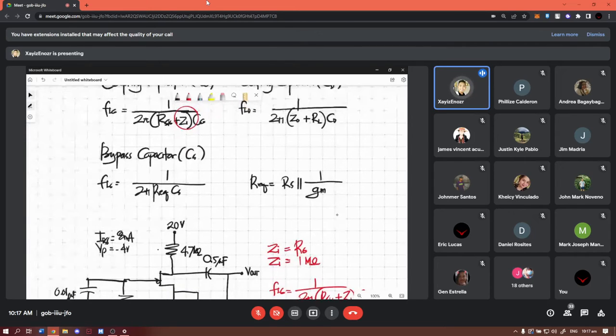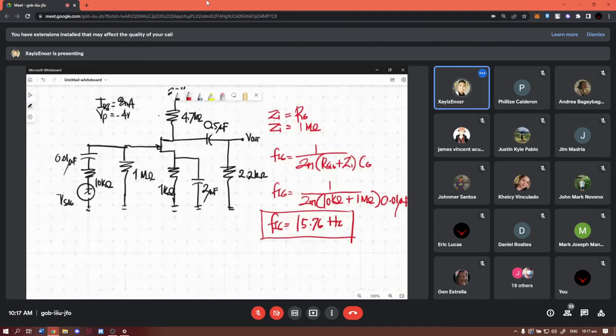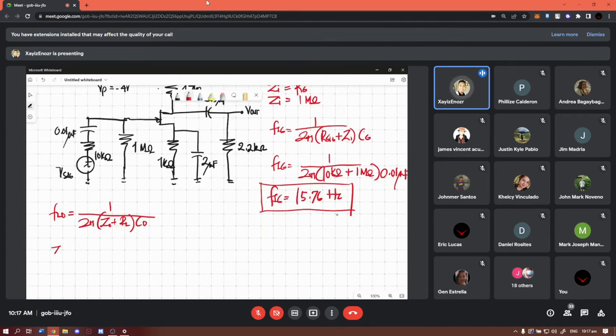Next is the one at the drain. For the frequency response, we have 1 over 2 pi multiplied by (Zout plus RL) multiplied by CD. So we have to determine the output impedance of our FET amplifier. What is the formula for output impedance?